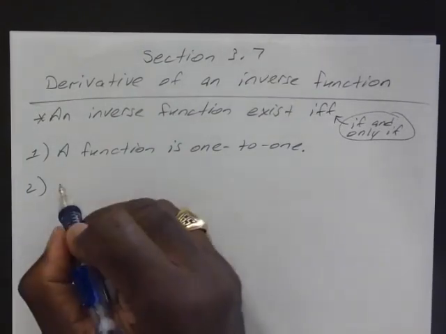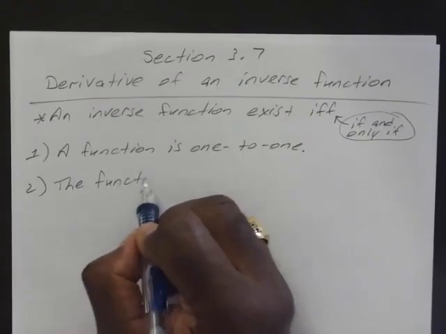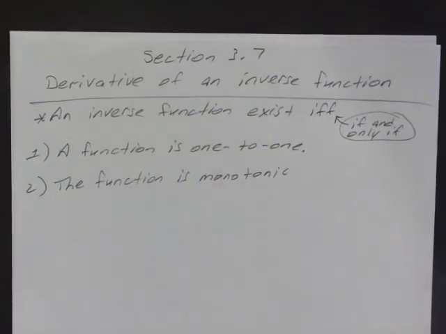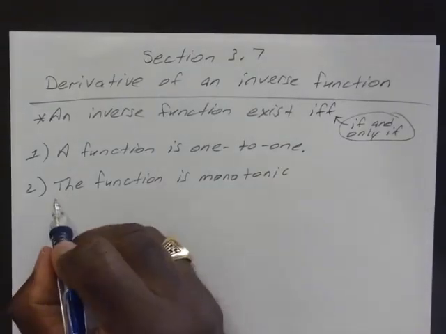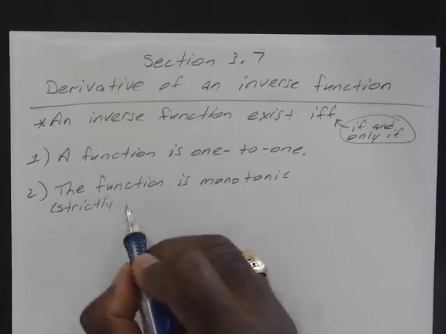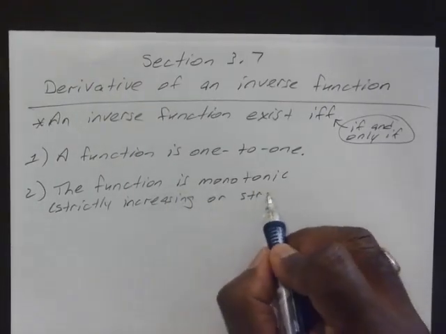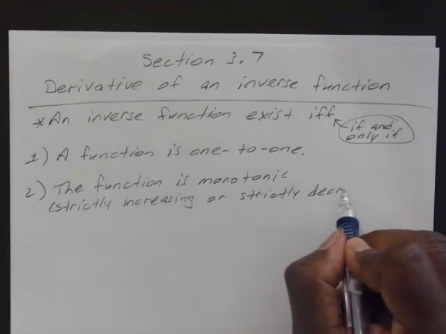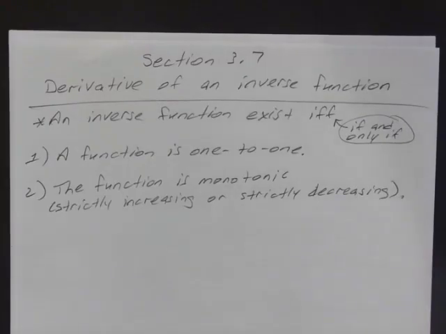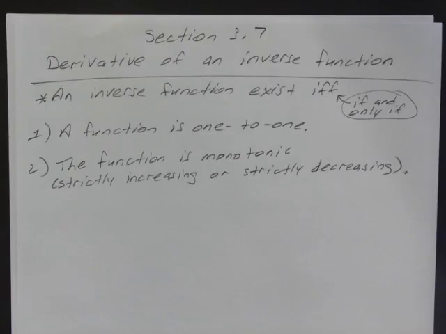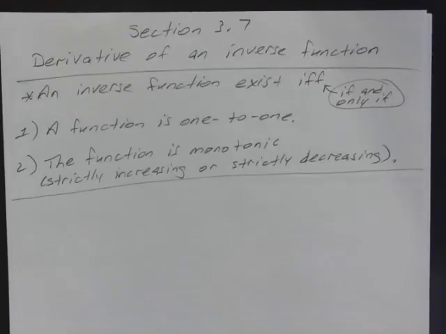And 2, the function is monotonic, which means it's either strictly increasing or strictly decreasing. Okay, so let's do a quick example.